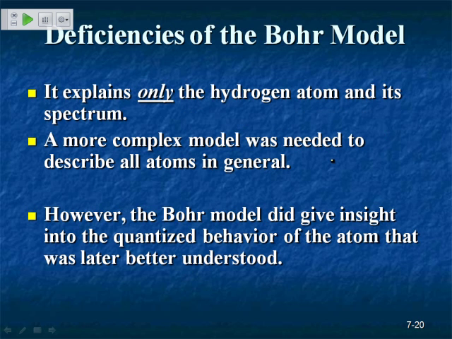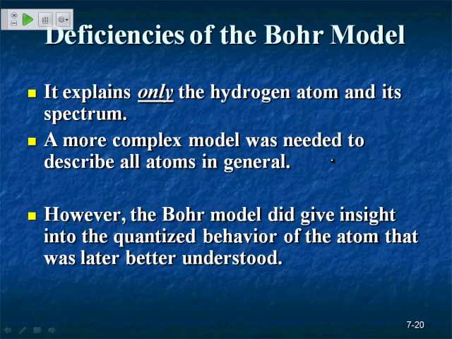Now, there were deficiencies in the Bohr model because it explains only the hydrogen atom and its spectrum. When Bohr was given, let's say for example, iron with 26 electrons, he really could not explain what is going on.